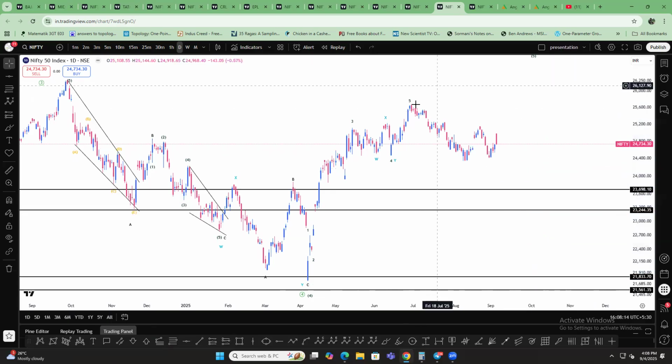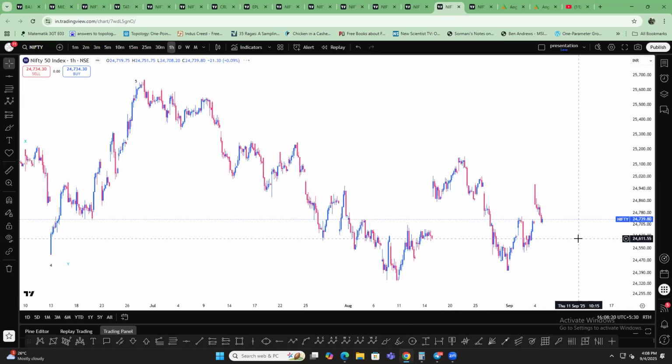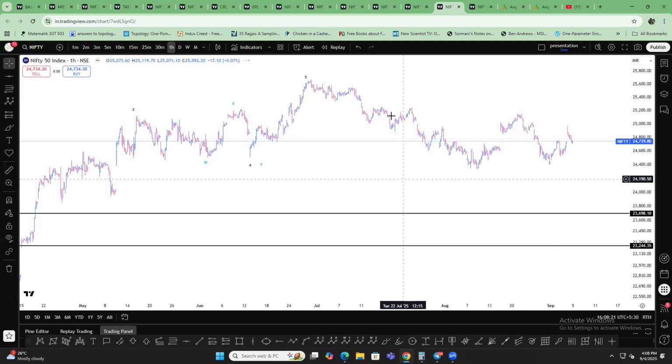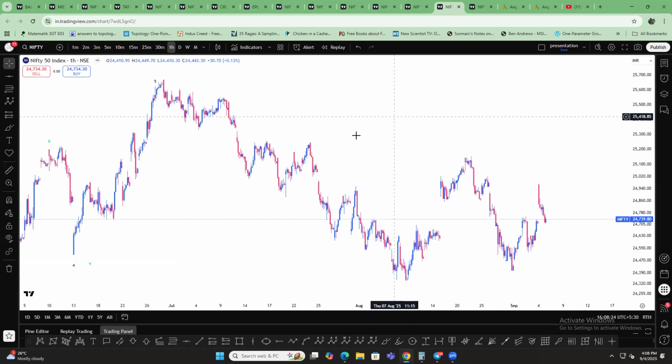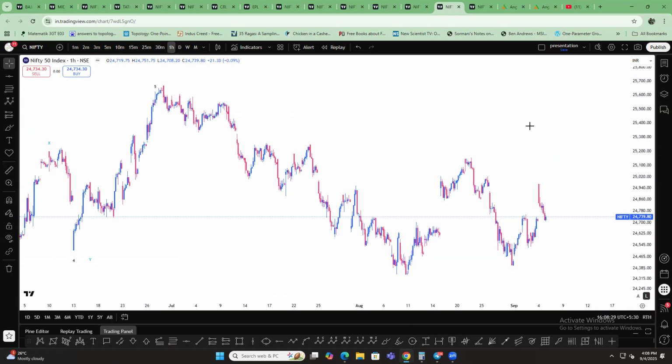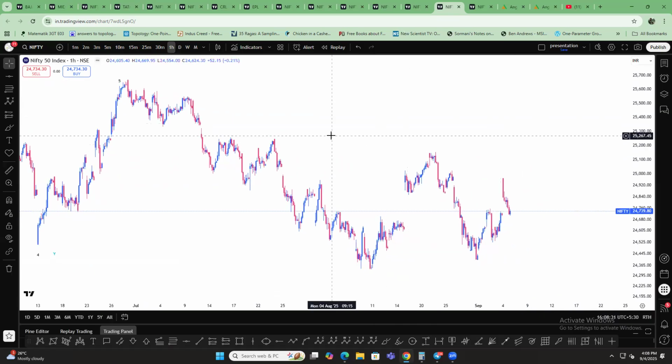Now we'll analyze these corrections in a smaller time frame. Again, we're coming back to the hourly time frame, right? So how is this correction unfolding? We're coming to the business end, how to trade these swings.